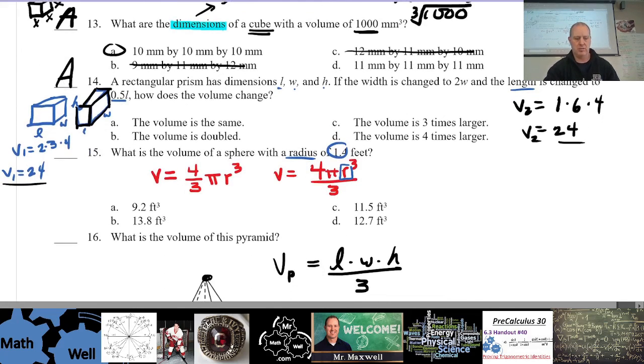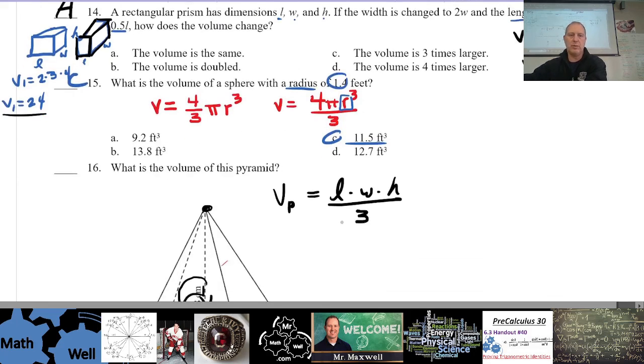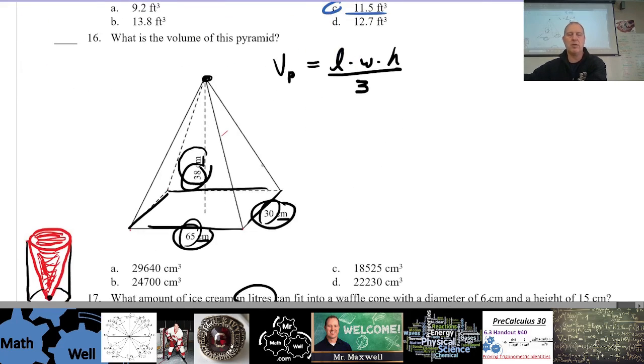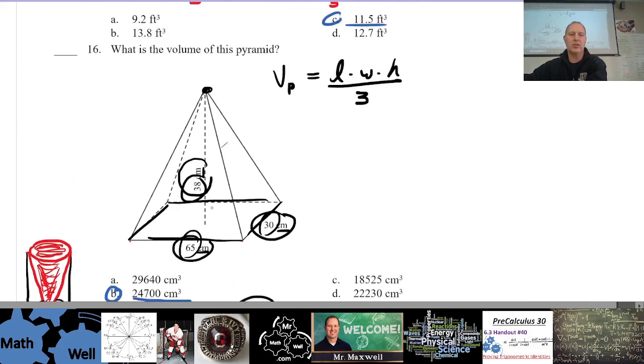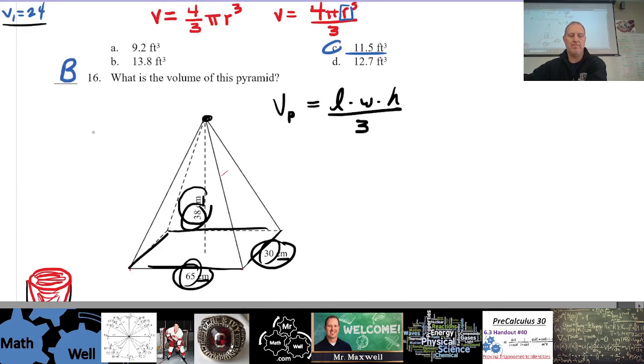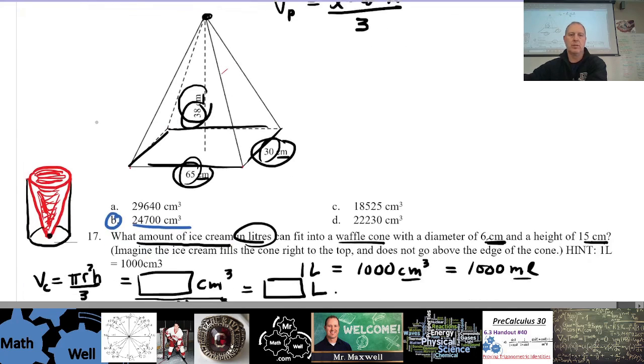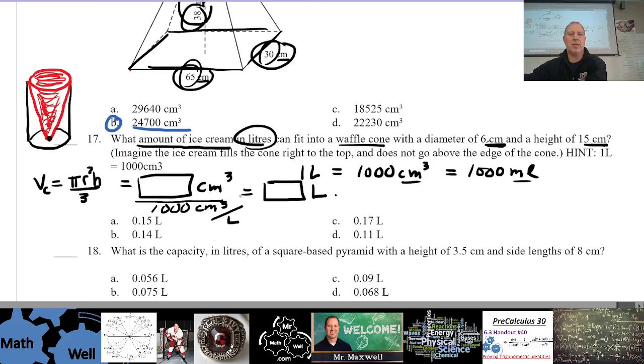Number 15. Okay, so I gave you the formula there. If you did that on your calculator, you should have gotten an answer pretty close to C, 11.5. So C there. What's the volume of this pyramid in 16? There's the formula, and you should have gotten something close to 24,700 cubic centimeters, or B. 17 we did mostly together.